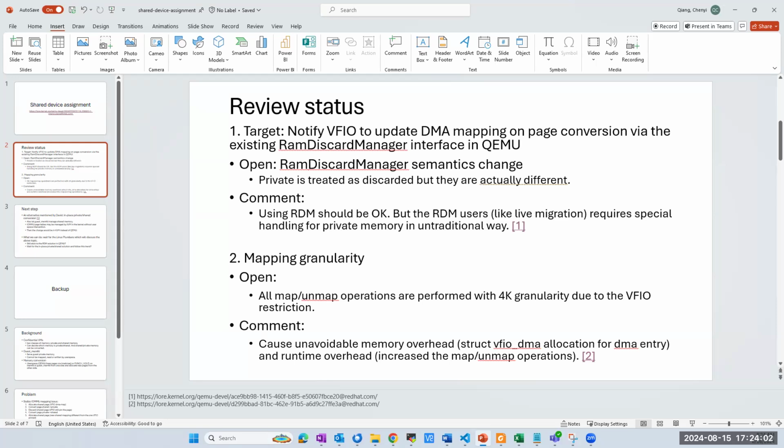Okay. So matching the mapping size is not the problem. It's conveying the type of the mapping independently. That's how I see it. Yep. So you mean introduce some PV interface between guest and the host, right?